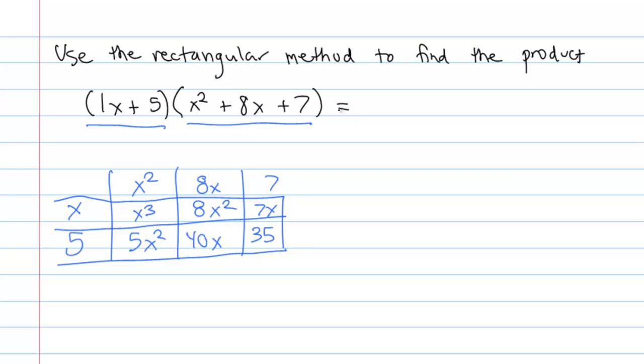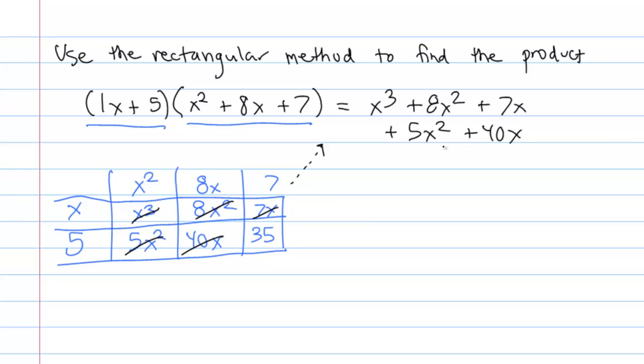The method simply says that we take these entries and we add them up. So we've got x cubed, 8x squared, 7x, 5x squared, 40x, and 35. And so I've added up all of these entries. I notice that there are some like terms in this.